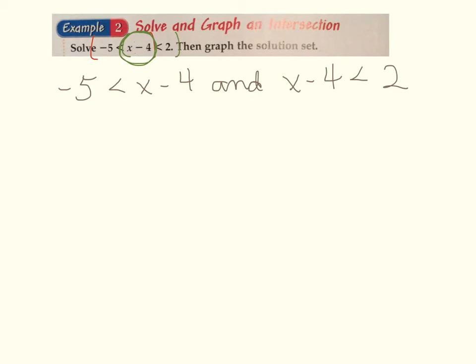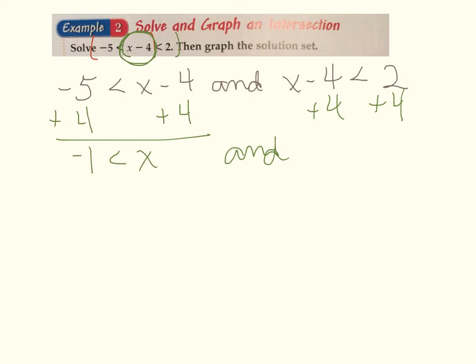So now we're just going to work these two inequalities side by side, and we're going to add 4 to both sides. And you have -1 is less than x, and add 4 to both sides, and you get x is less than 6. Okay, so now we have the solution.